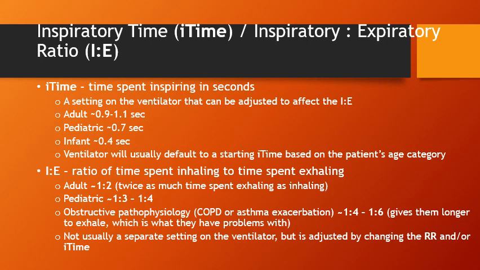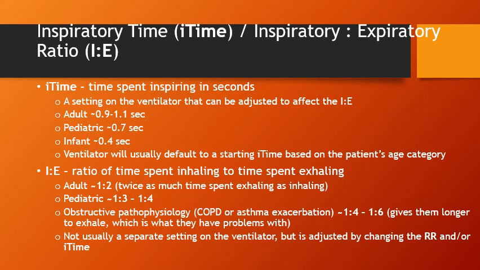One nice thing about most ventilators is that usually you'll dial in or set the patient's age range. So you'll say, I'm getting ready to ventilate an adult, or a pediatric, or an infant. And when you tell the ventilator that, it will usually default to an I time that's probably fairly appropriate for that patient, just based on their age category.